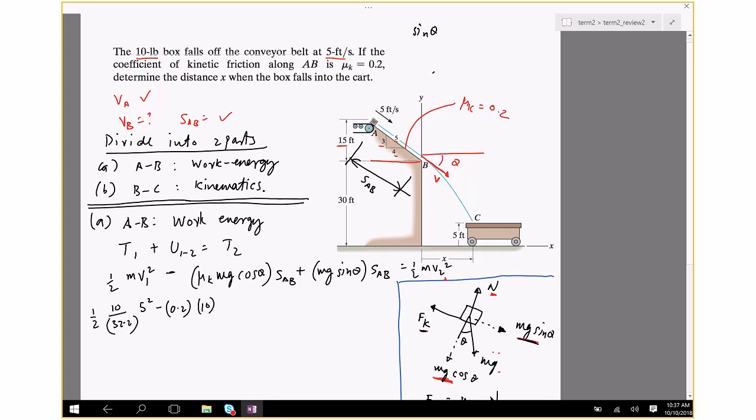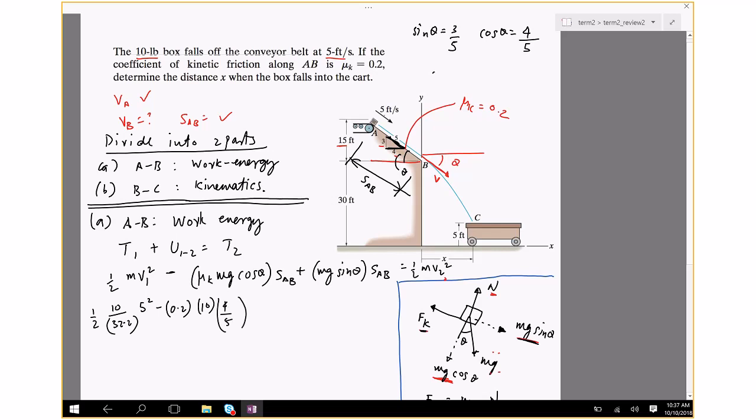So the way I've defined theta is this angle. So sine theta is going to be the opposite side, which is 3, divided by the hypotenuse, which is 5. So cosine theta is going to be the adjacent side, which is 4, divided by the hypotenuse, which is 5. So cosine theta is 4 divided by 5.